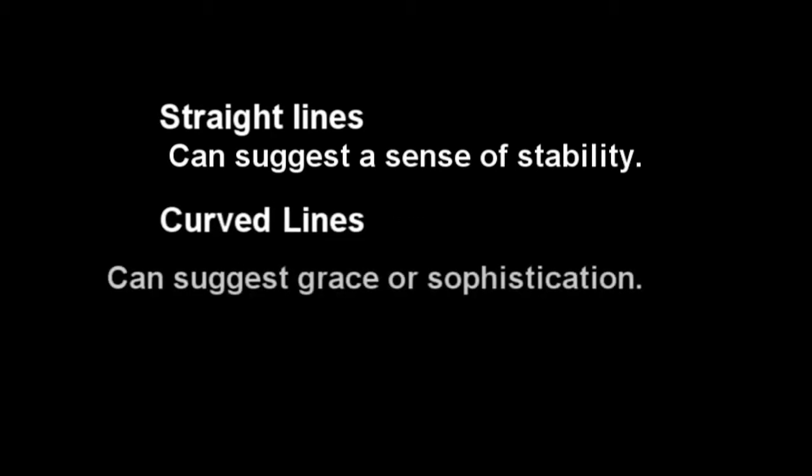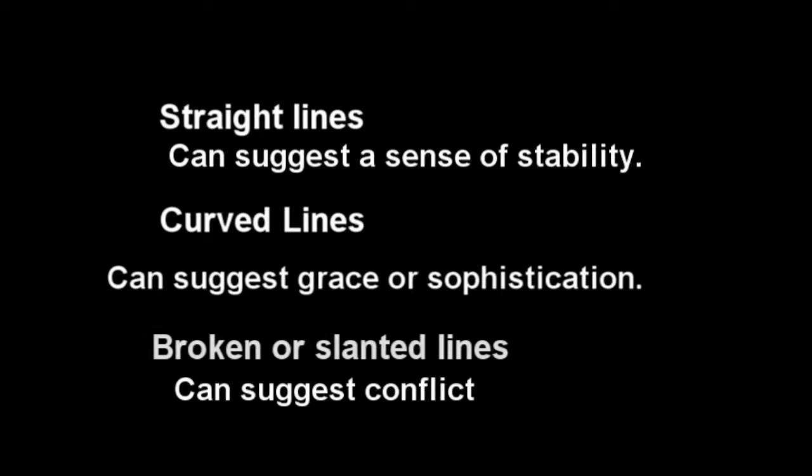If the design of a play setting uses primarily straight lines, it can suggest a sense of stability in that environment. The predominant use of curved lines in a setting can give a sense of grace or sophistication regarding that environment. If the designer is trying to give the audience a sense that the environment of the play is one where conflict occurs, he may choose to use predominantly broken or slanted lines in this set design.